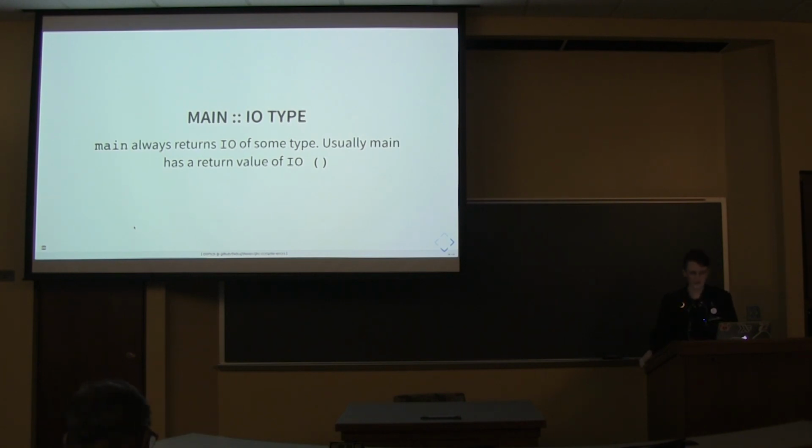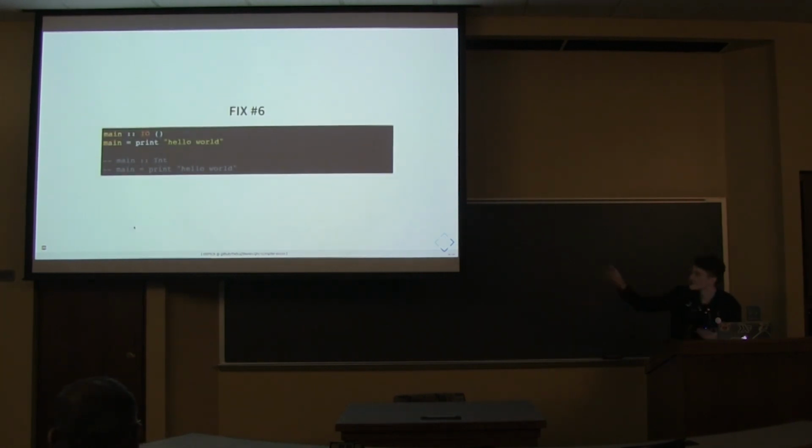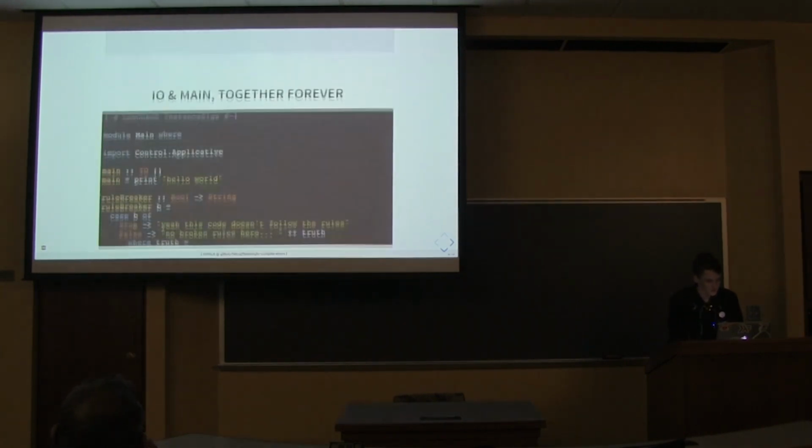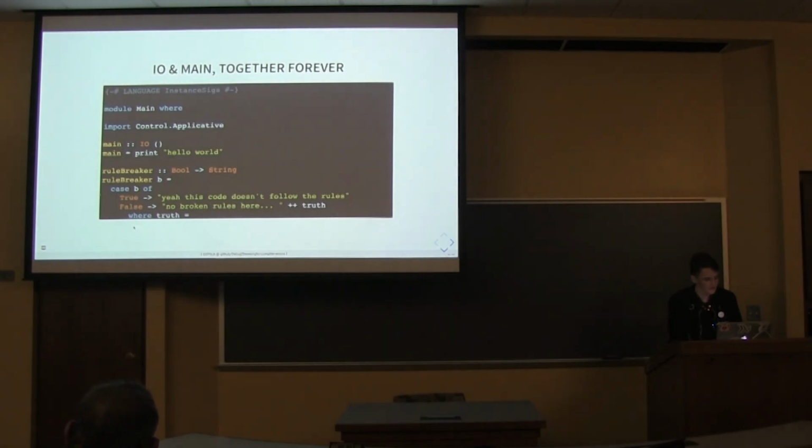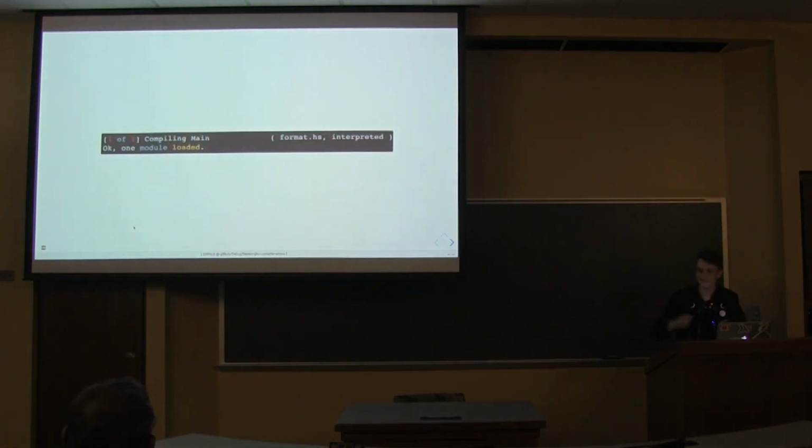Most of the time, at least when I was starting off, you're going to return IO of unit. So we'll just fix that. We'll change the type signature to properly reflect what type we're giving back, and that's good. Now that we've done that, let's reload our file and see how everything is going. Perfect, we've done it.